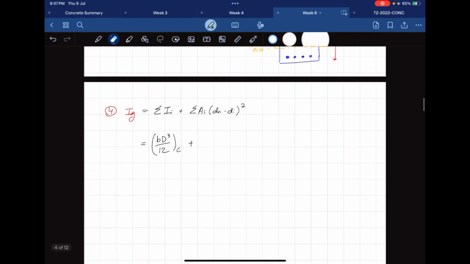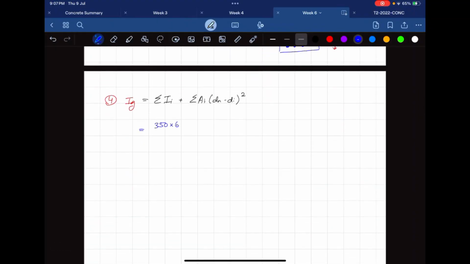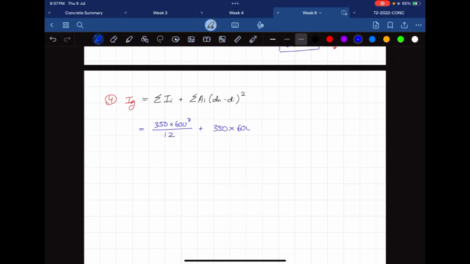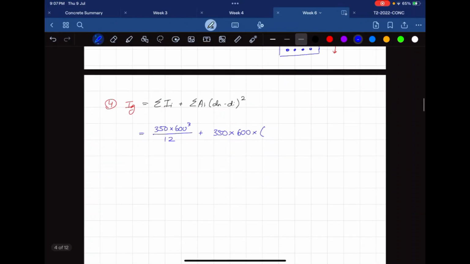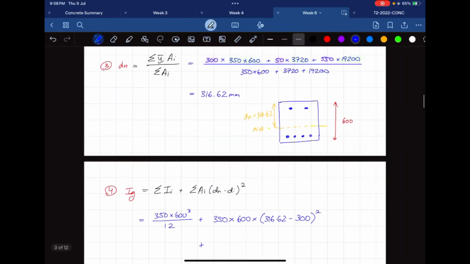So if I were to actually figure this out, I do bd cubed, where b is 350, on 12, plus, let's do my first shape, 350 times 600 times dn, which is 316.62, minus the centroid of that concrete block, which is right in the middle, squared, plus, let's do a compressive bar.